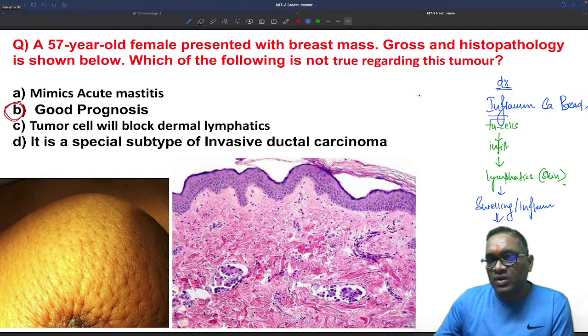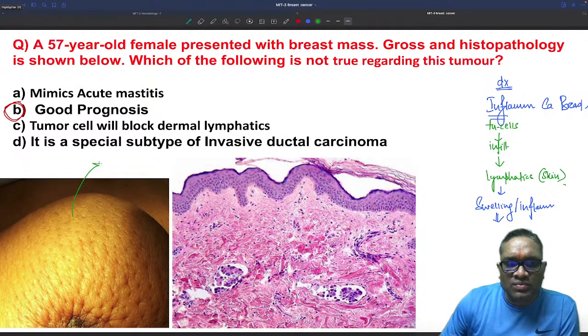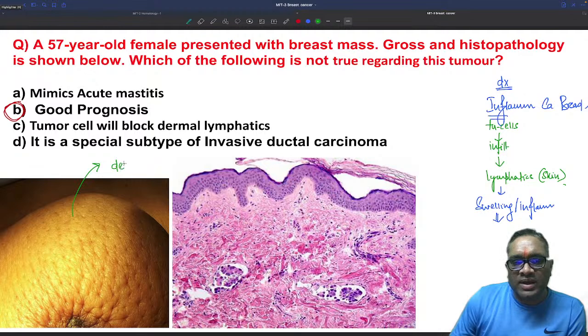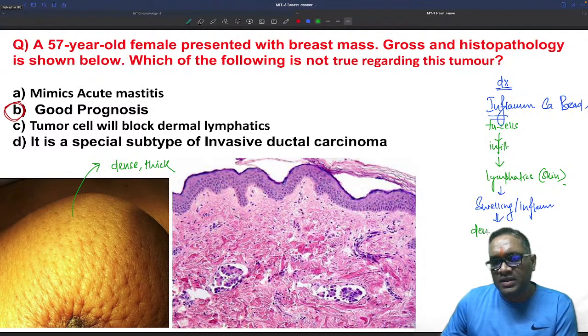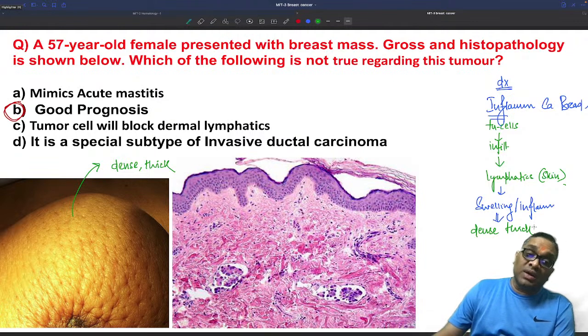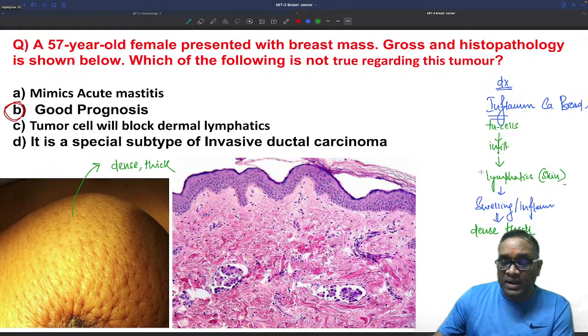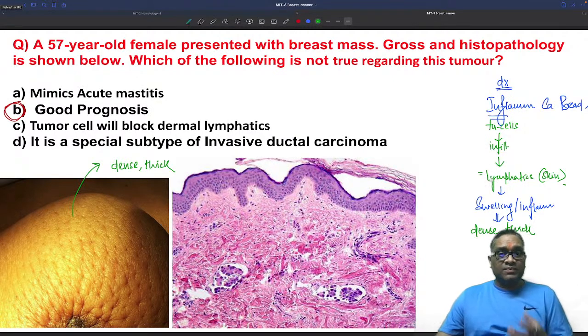So as a result, what will happen to the tissue of the breast? You can see how the tissue of the breast looks. They are looking dense and thick, number one, and that is what I have written here. And what else are we seeing? Because of lymphatic obstruction, there will be dimpling.